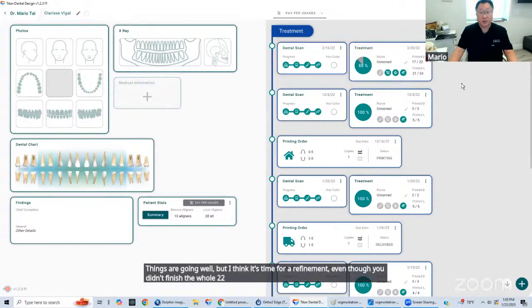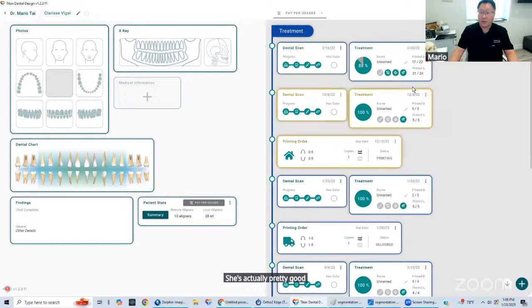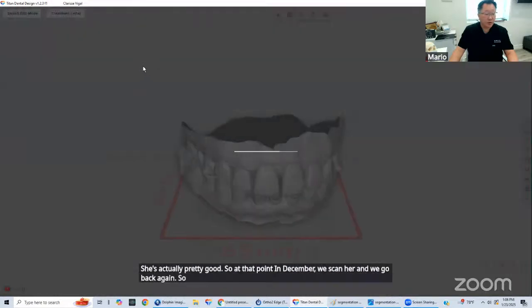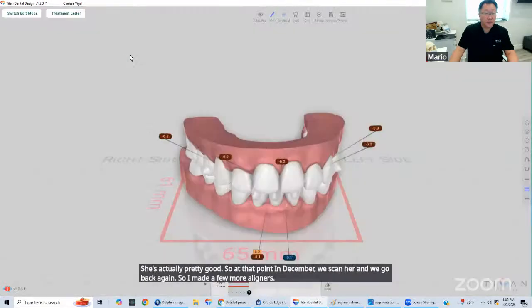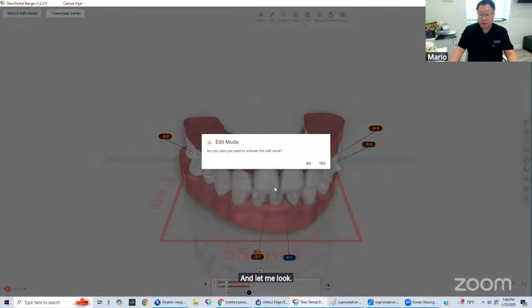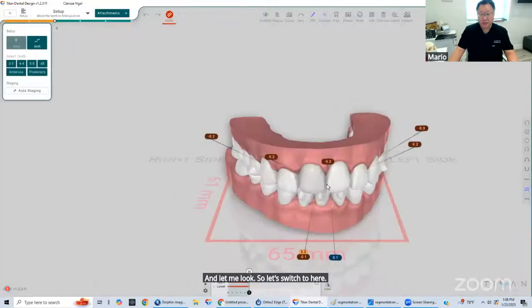But that's pretty close, right? I have a lot of patients halfway through, they're falling apart and I have to scan again for refinement because they don't wear it. She's actually pretty good. So at that point, in December, we scan her and then we go back again. I made a few more aligners, and let me look. So let's switch to here.